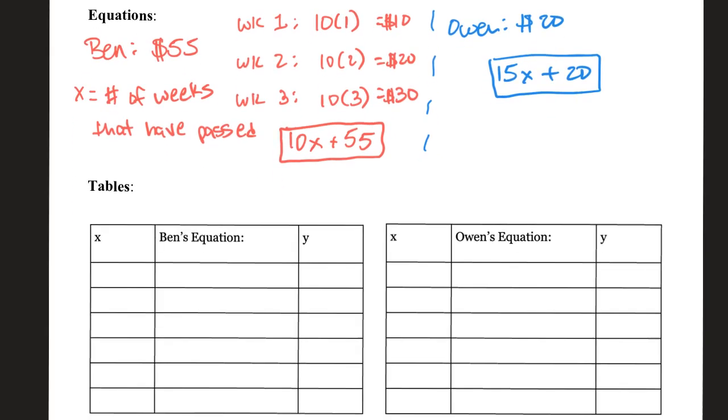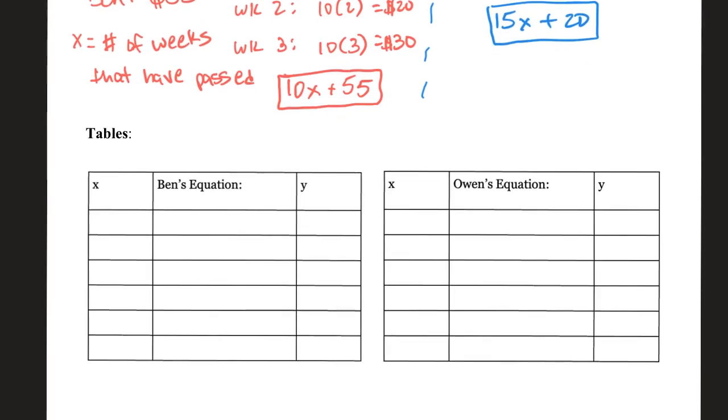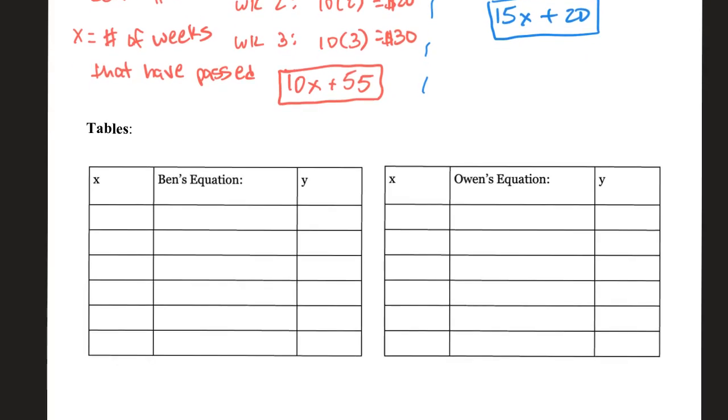Now let's go down here to our tables. Let's find out exactly what week they are going to have the same amounts. So Ben's equation over here is 10x plus 55. And over here in Owen's, we have 15x plus 20.